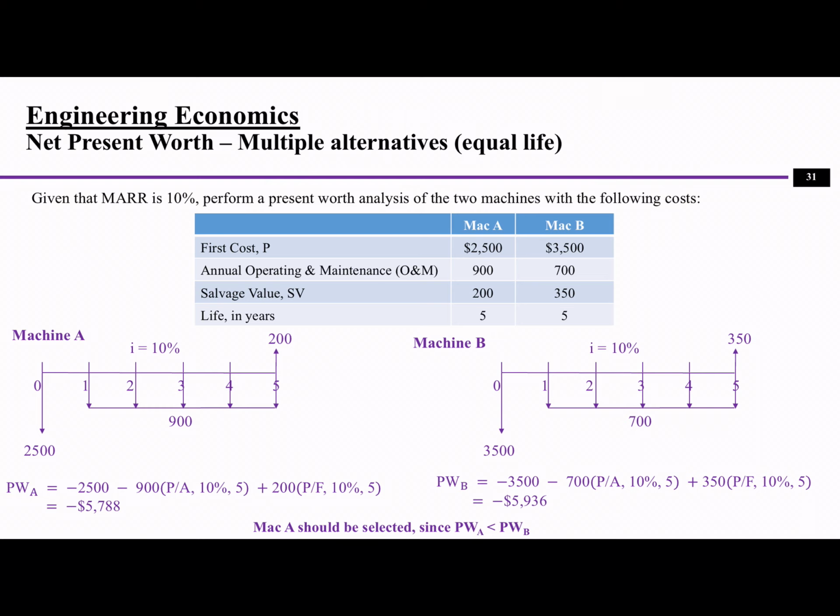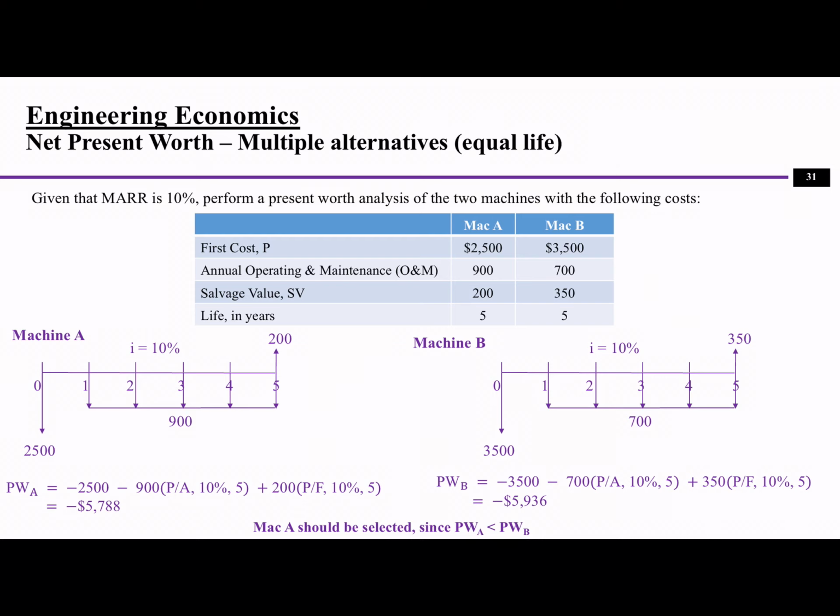Compared to B, the first cost is $3,500, annual O&M is $700, salvage value is $350, and the lifespan is also 5 years. You can see from the diagram where these cash flows are: the 2,500, 3,500, and all these annual costs.